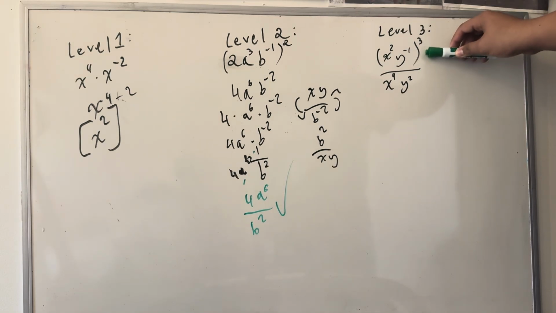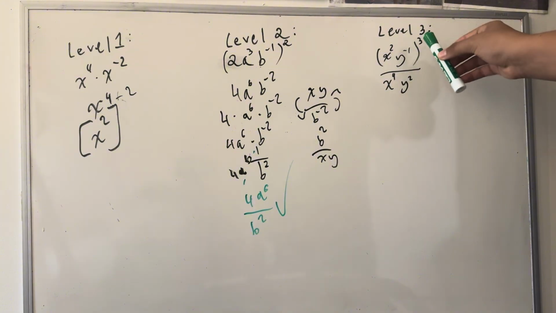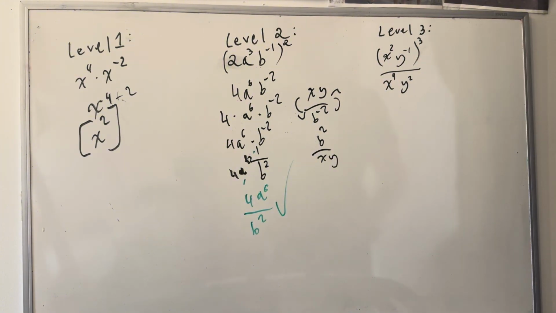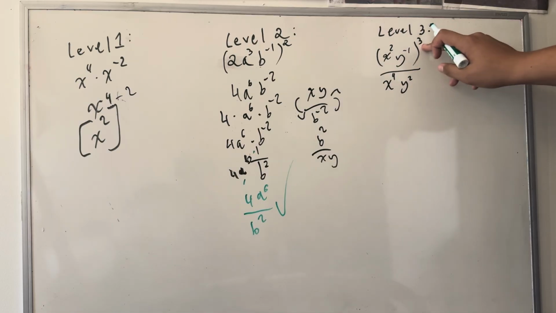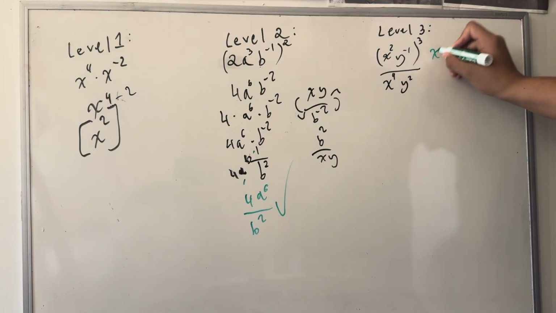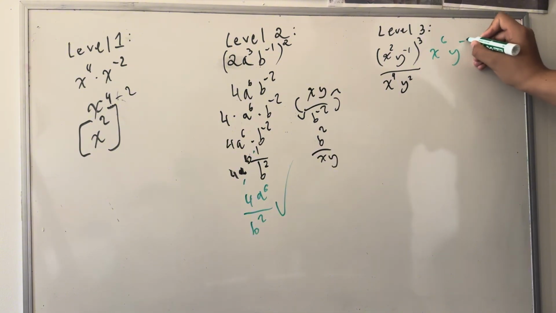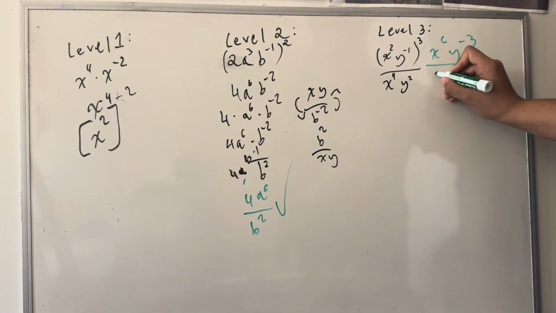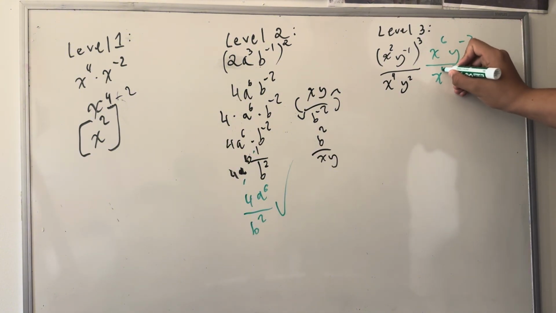Just always remember to use your exponent rules, right? Use everything you have. So from here, I'm going to first start with multiplying everything by 3. So that will take us to x to the power of 6, y to the power of negative 3, over x to the 4th times y squared.